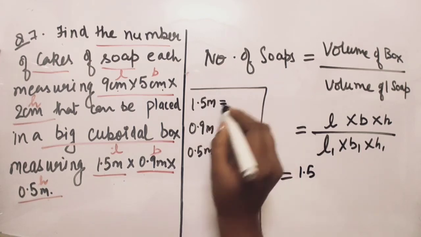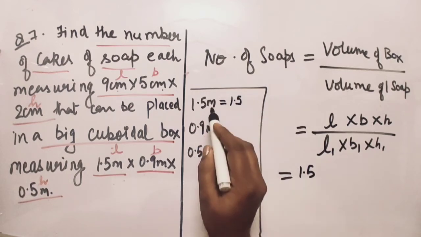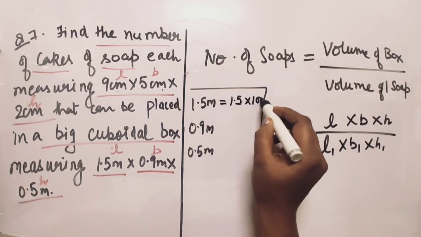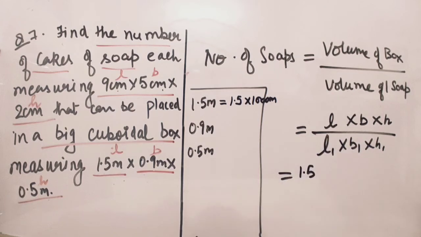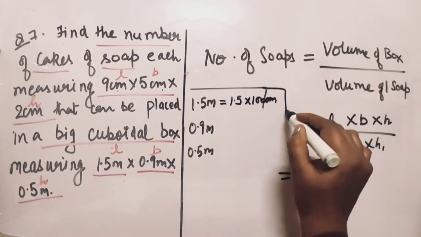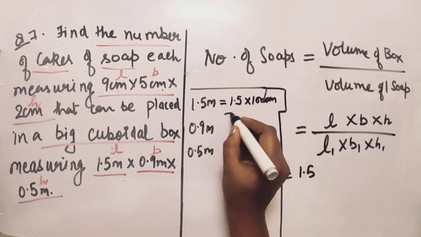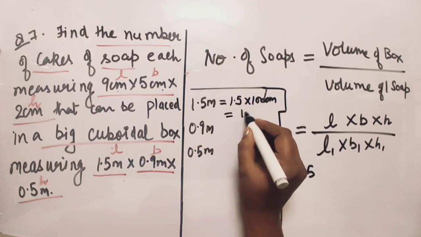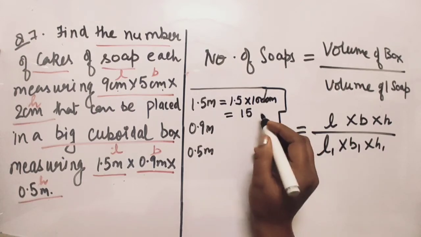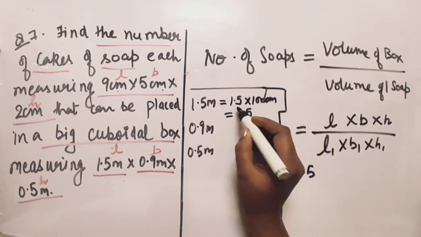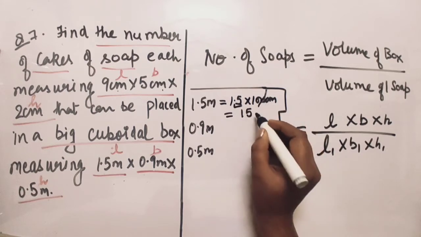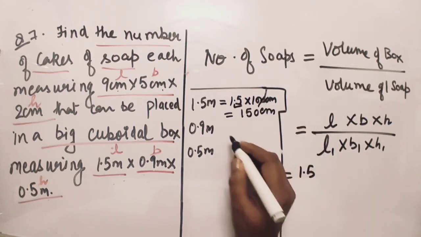So let's convert it. We know that to convert meter into centimeter, we have to multiply by 100 centimeter. So it will become 150 centimeter, since the decimal place gets cancelled with the zeros.